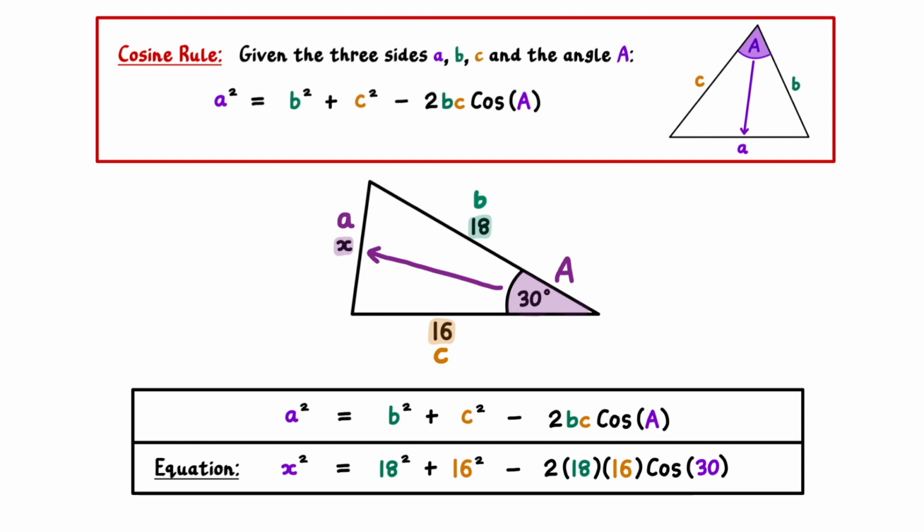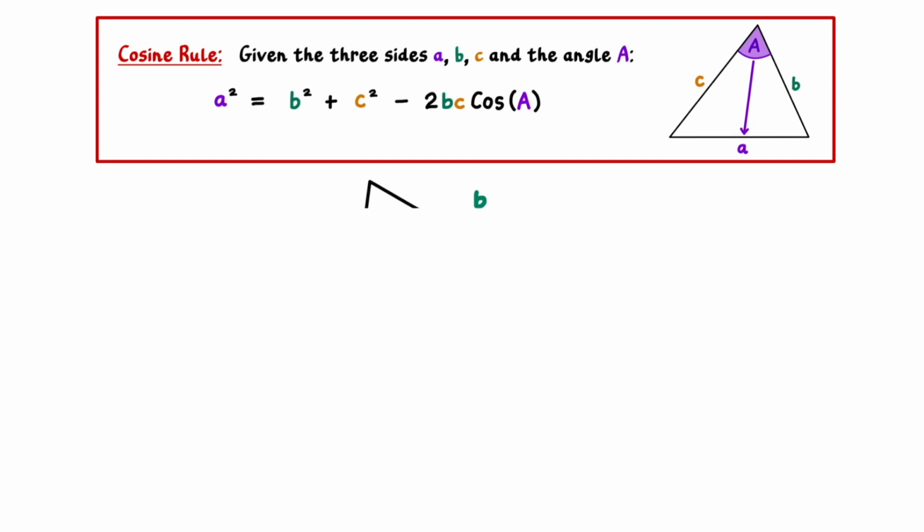From here, we could use some algebra to find the value of x. However, before we turn our attention to the algebra, let's see a couple more examples of forming equations with the cosine rule.